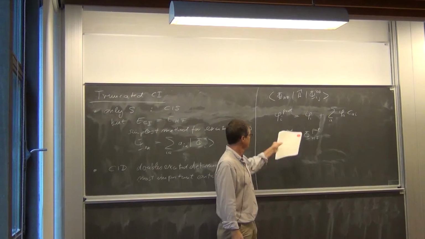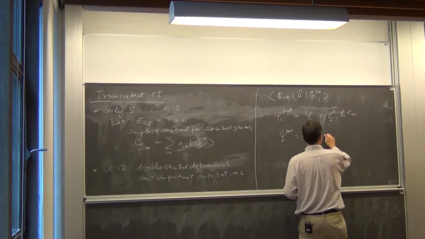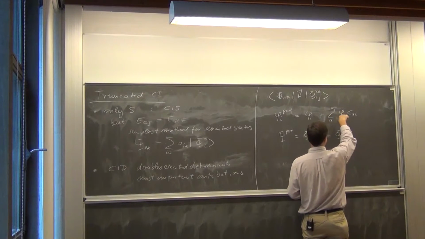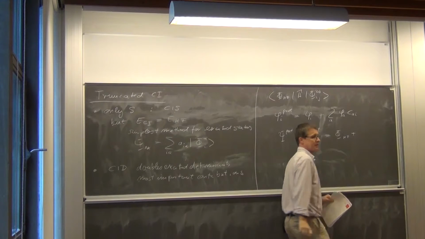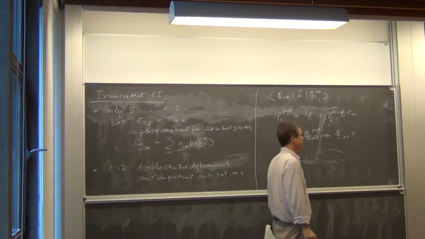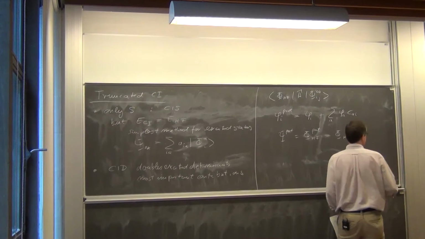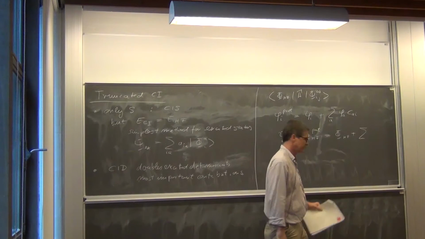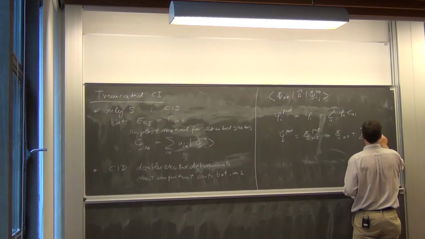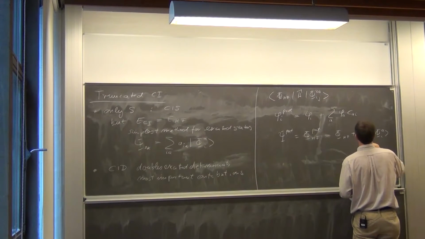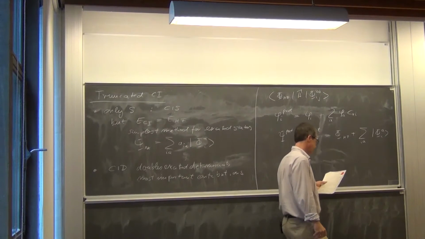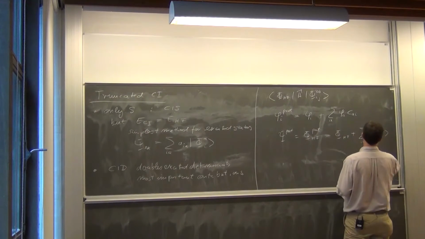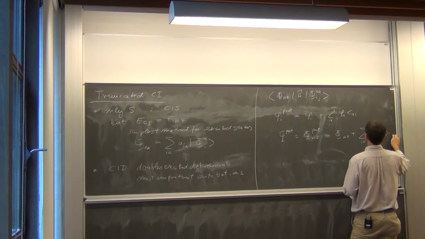So if we insert the perturbed orbitals in our Hartree-Fock determinant, and then we can split that up, so we get the original unperturbed Hartree-Fock determinant, and then we get a sum over all singly excited determinants with some coefficients.